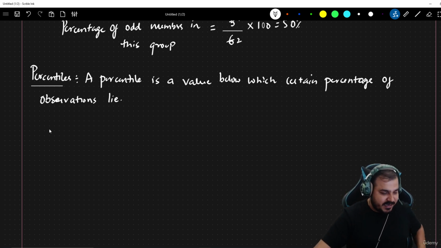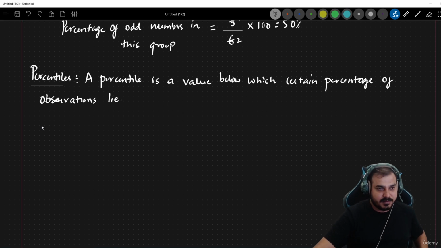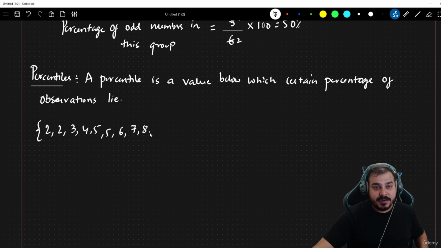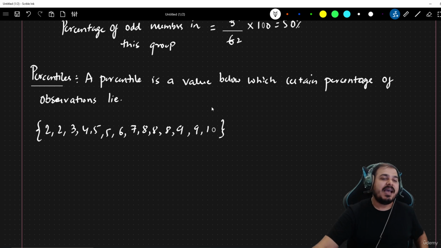Now suppose I take a specific example. Let's consider that I have a list of numbers like 2, 2, 3, 4, 5, 5, 6, 7, 8, 8, 8, 9, one more 9, and 10. Suppose I have this specific list of numbers.